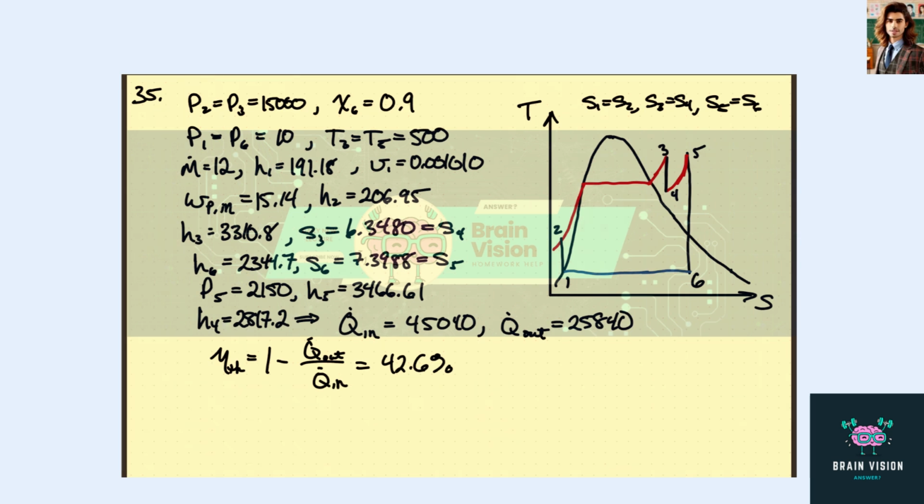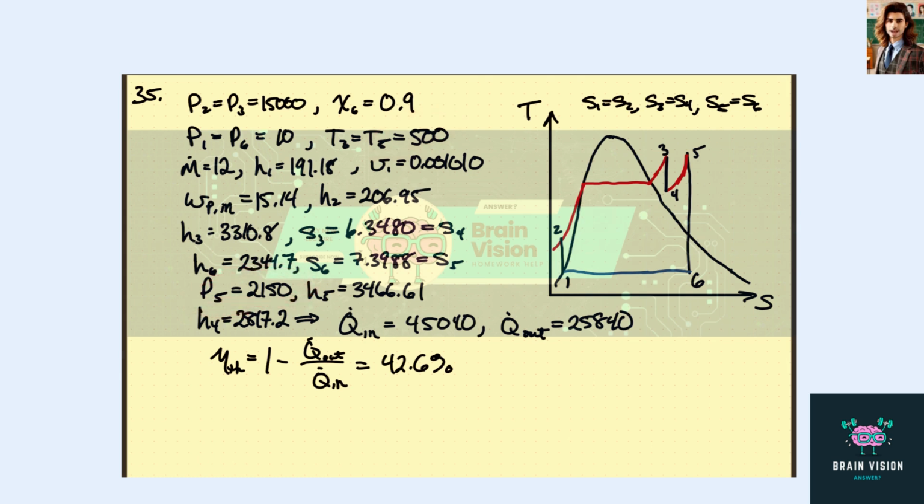We can get 6 first, because at 6 we have the quality factor and the pressure, so we can get the enthalpy and the entropy. Then we know the entropy at 5 is the same as the entropy at 6, and we know the entropy and the temperature at 5, so we get the pressure.